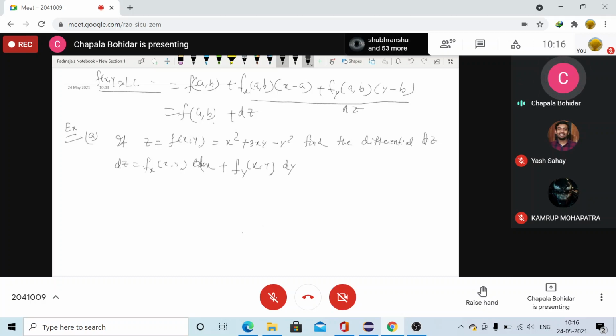So what value do you get? Tell me. Fx of xy, how much is it here? Fx of xy is 2x plus 3y, or not?